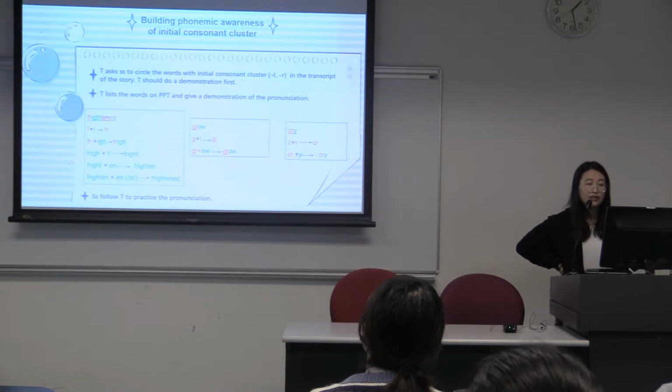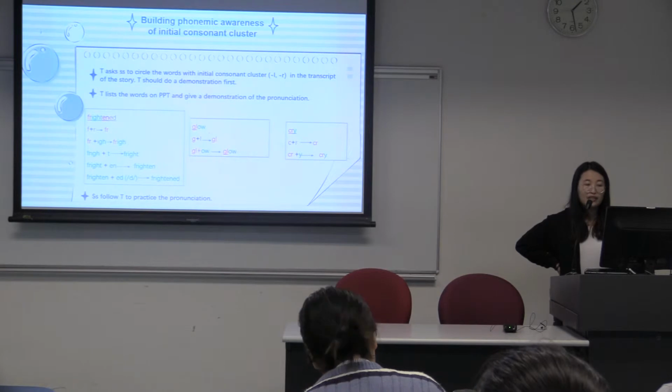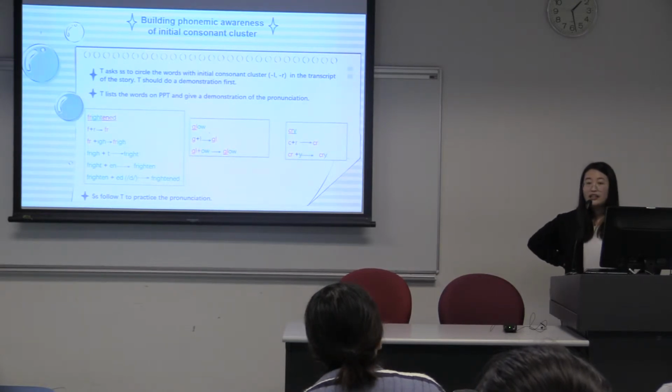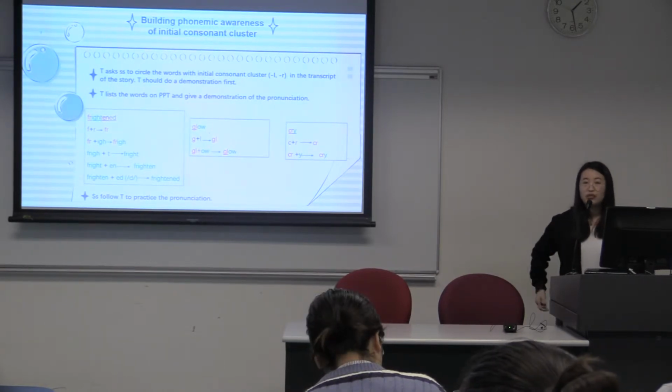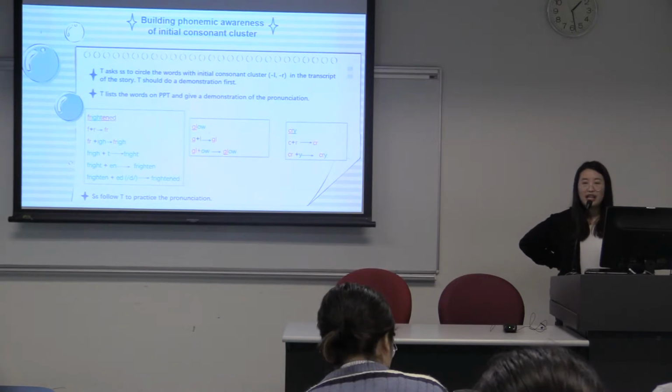So in the first task here, we want students to circle the words with initial consonant clusters L and R. And the teacher, of course, will do a demonstration of how to finish this task. And in this step, we want to get them familiar with the forms of these clusters.